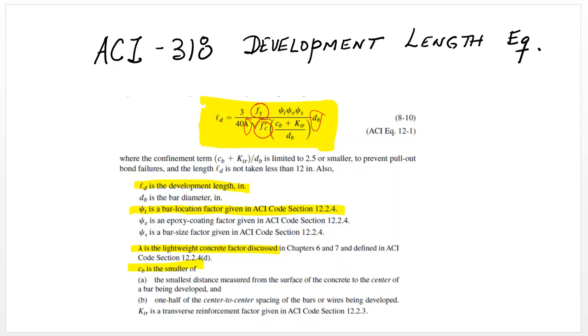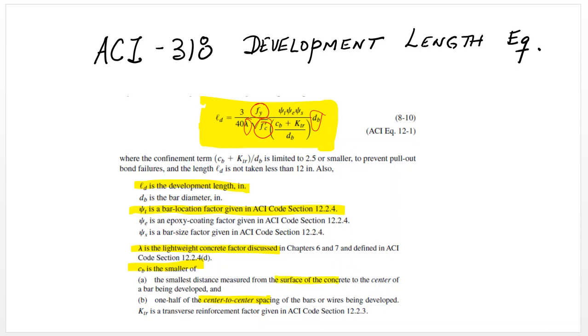Here, this factor CB depends on the smallest distance measured from the surface of the concrete to the center of the rebar being developed, and the center-to-center spacing from one rebar to the other.